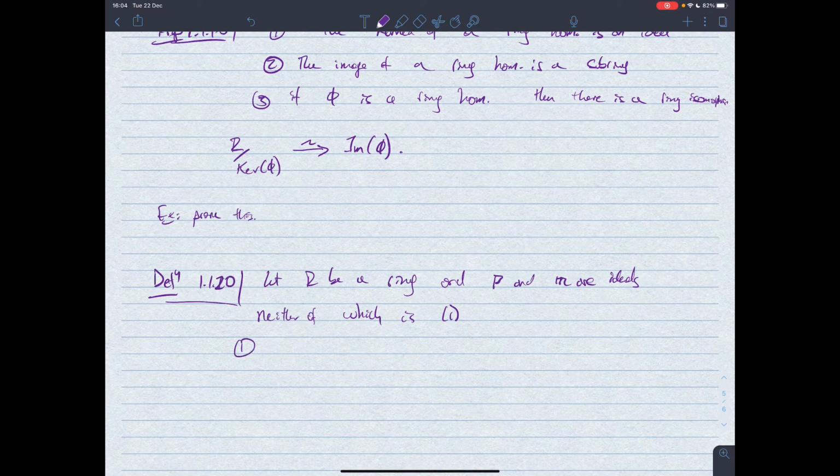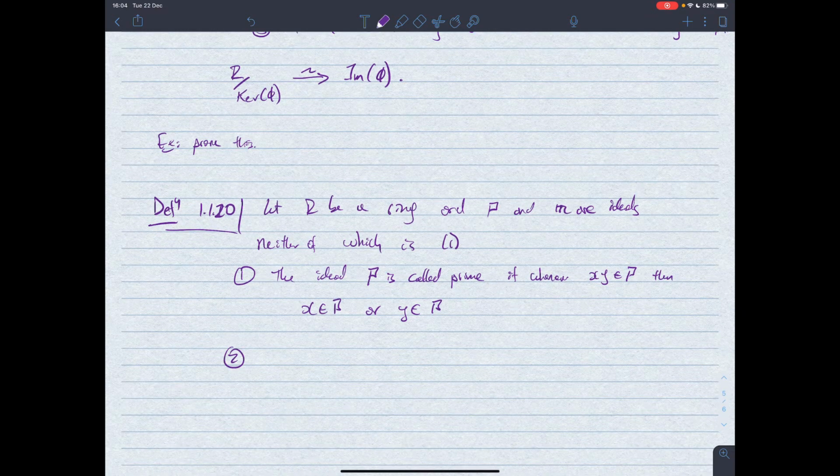Then what do we have? 1, the ideal, this is again gothic P, and this is gothic M. My ideals are nothing but gothic letters. Ideal P is called prime if whenever you have a product of 2 elements xy inside of your ideal, then x is inside of this ideal, or y is inside of the ideal.